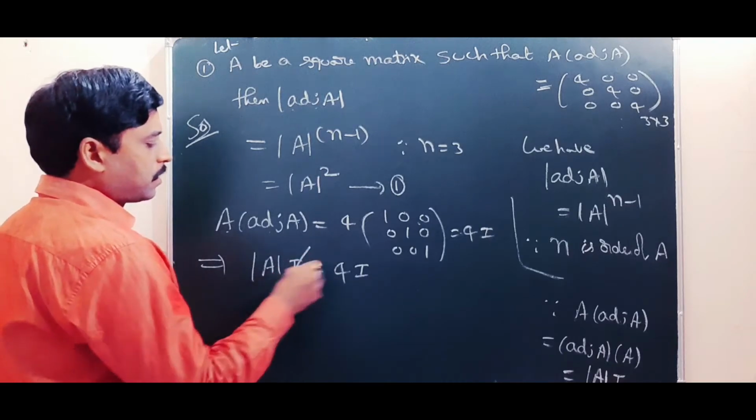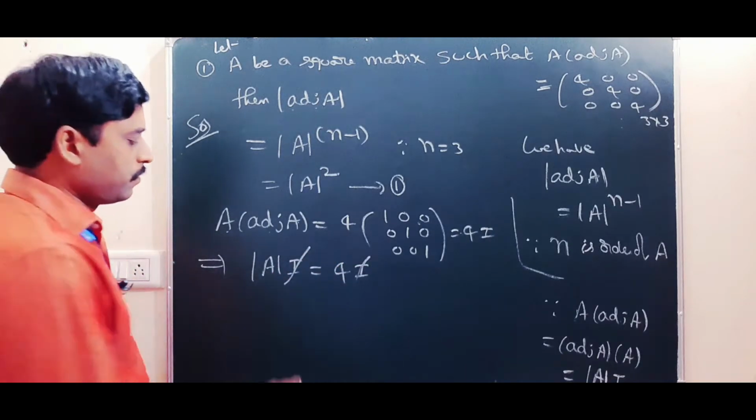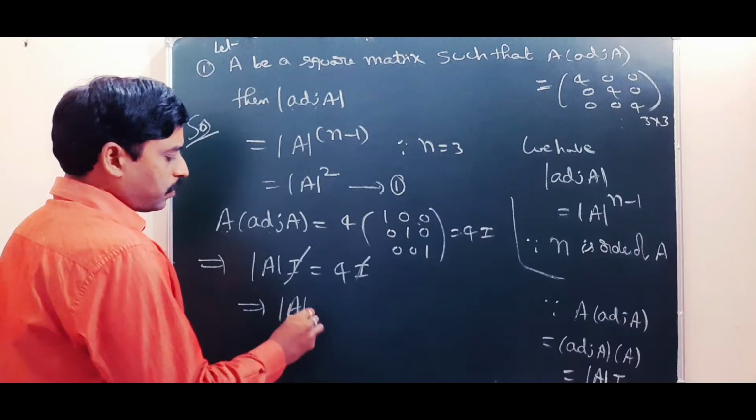By cancellation law, I gets cancelled, so we get determinant A is equal to 4.